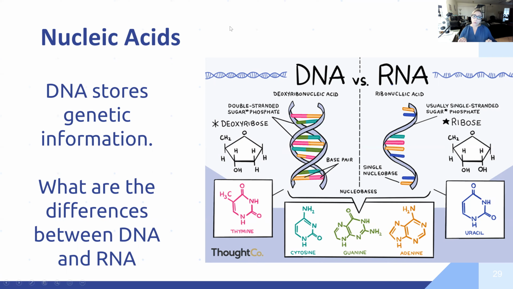Now here I'm asking you what the differences are between DNA and RNA, and there are actually 3 differences that you need to know. First of all, let's look at these bases. DNA has 4 different bases.